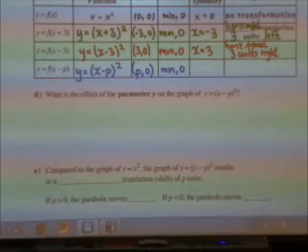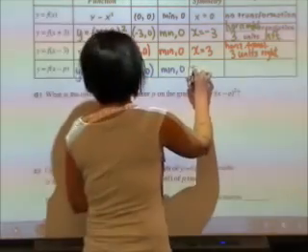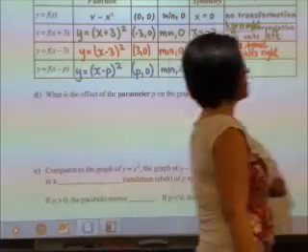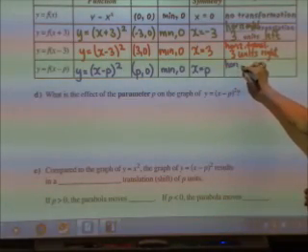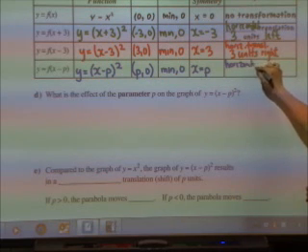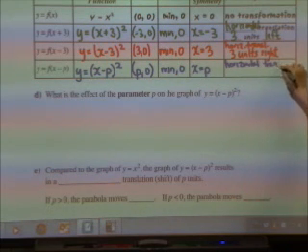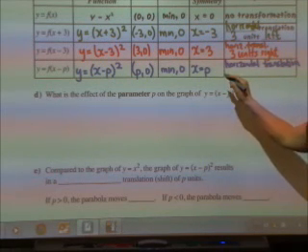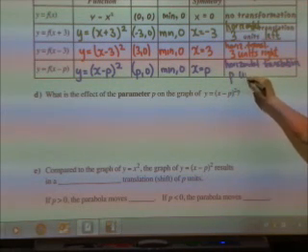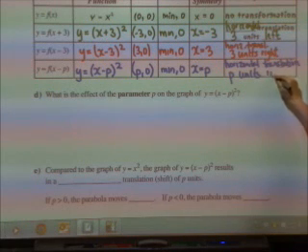Axis of symmetry: x equals p. And I have a horizontal translation again. How many units? p units to the right.